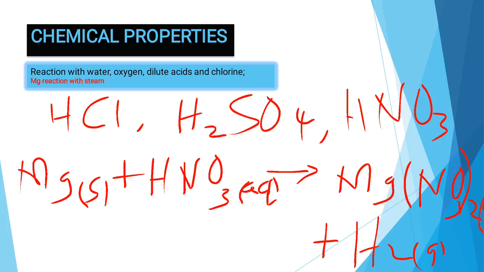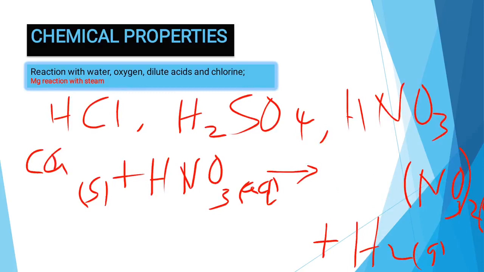So to have calcium reacting with nitric 5 acid again, we just need to replace, as usual, the magnesium in this case with calcium, so that now we have calcium, and then we have also calcium on this other case to give us calcium nitrate and hydrogen gas.